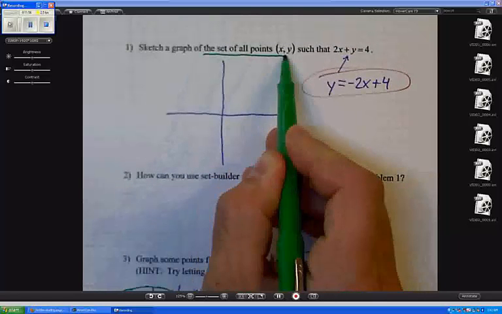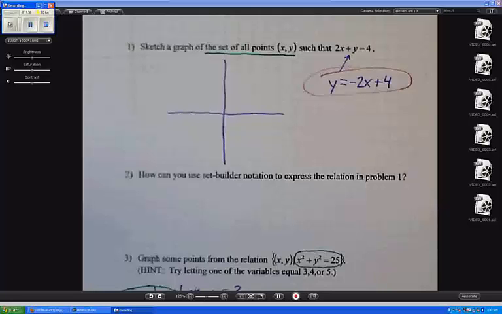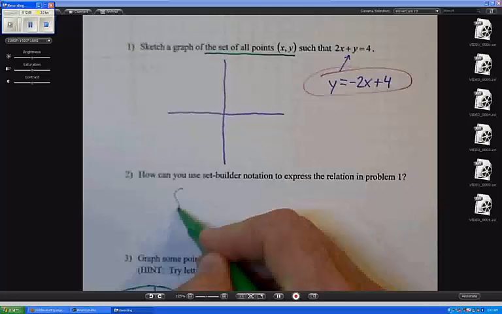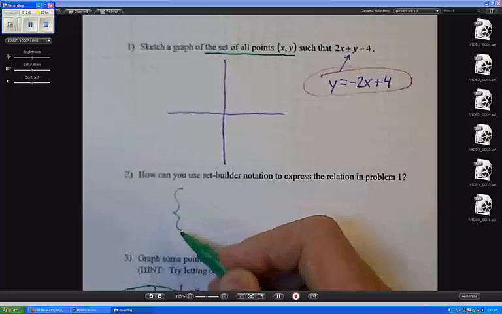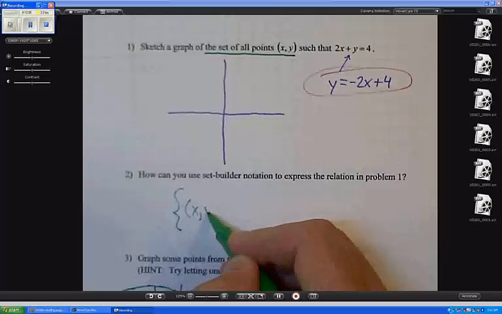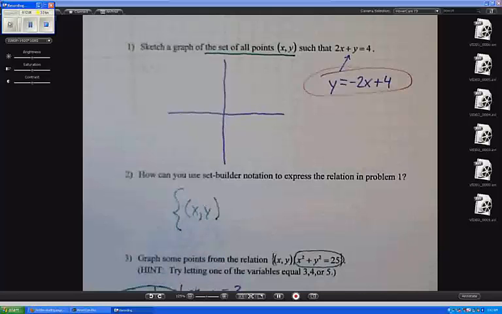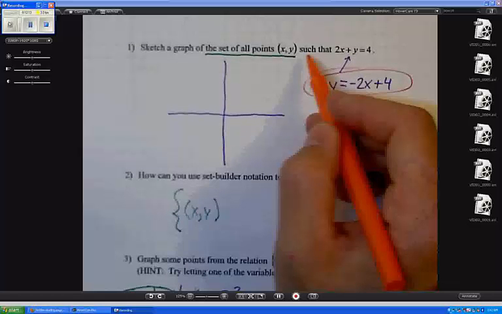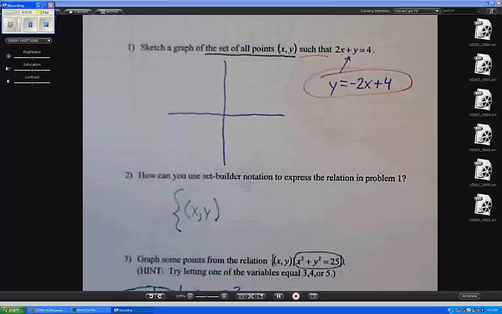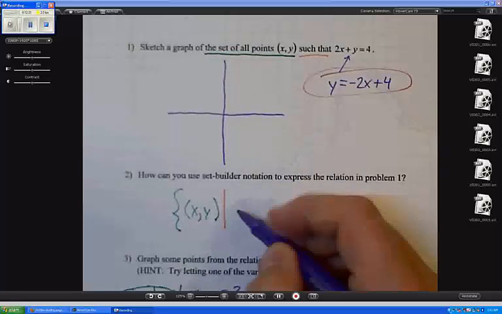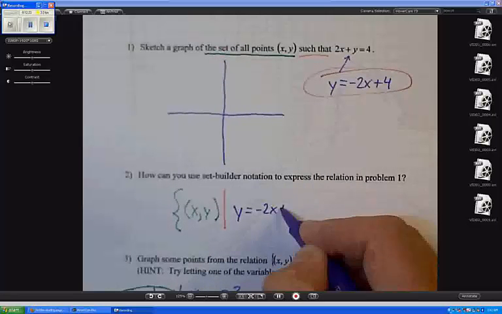I think I would do this. Is that okay? And then where it says such that, I know what I'm going to write. What am I going to write? And then I think I would write either 2x plus y is 4, or y equals negative 2x plus 4. Something like that. That's it.